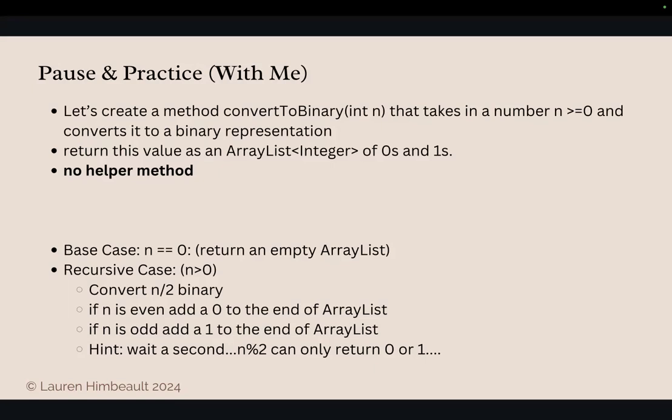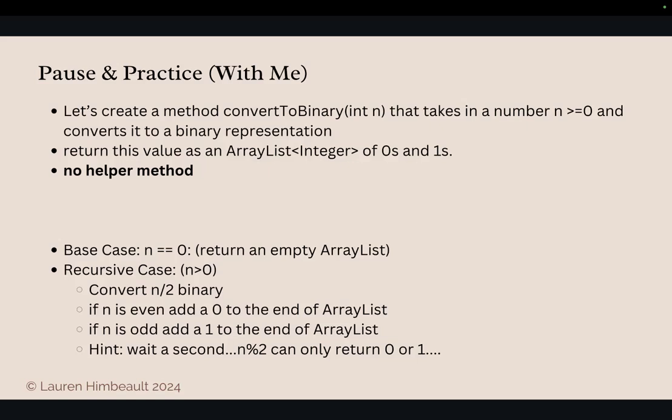Now, there's a really simple recursive way to solve this problem. We take our value that gets passed in, our n value, and we divide it by 2. Now, if n is even, we're going to add a 0 to our array list. And if n is odd, we're going to add a 1 to our array list. Now, hopefully you're saying, wait a second, n mod 2, when n is even, n mod 2 is 0.